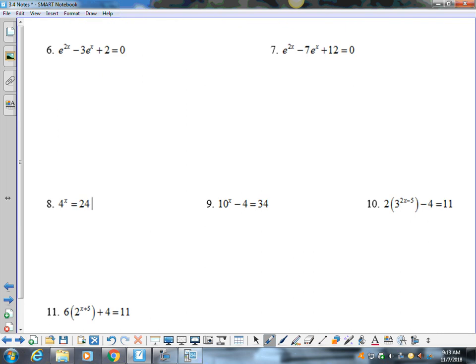Now, number 6 and number 7 still have e's in them. Any ideas? I'll subtract the 2, and then what? Are they like terms? If you divide by 3, you got to divide each term by 3.